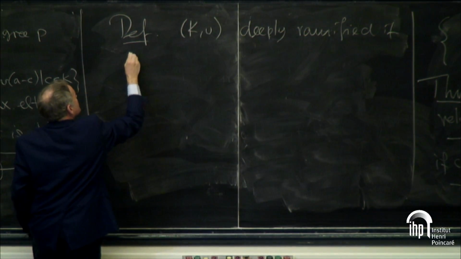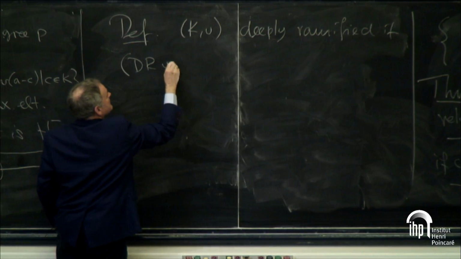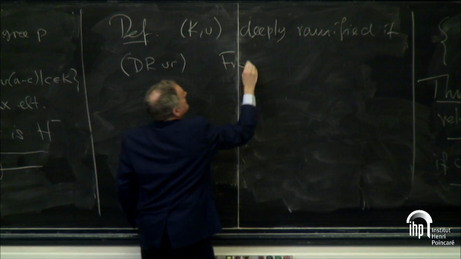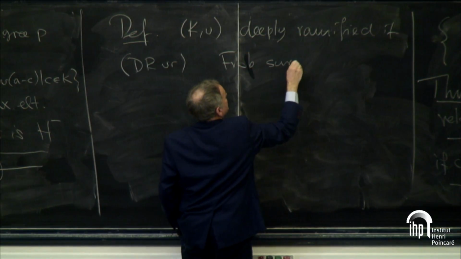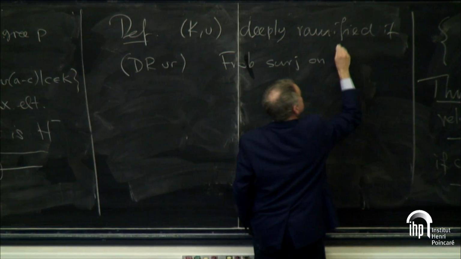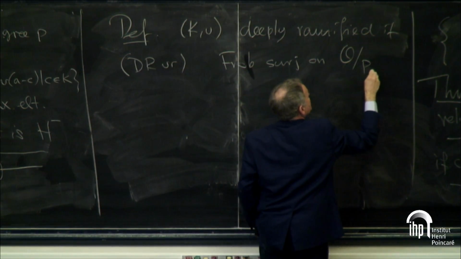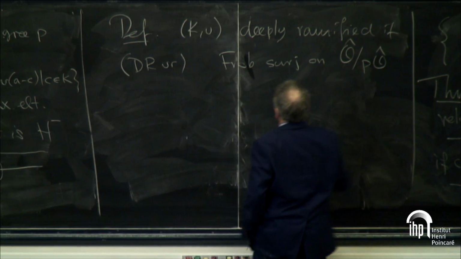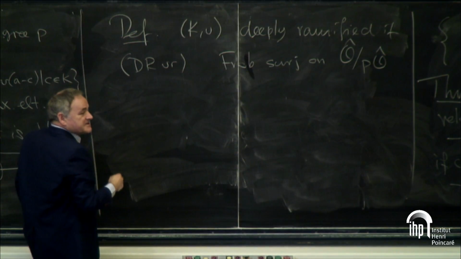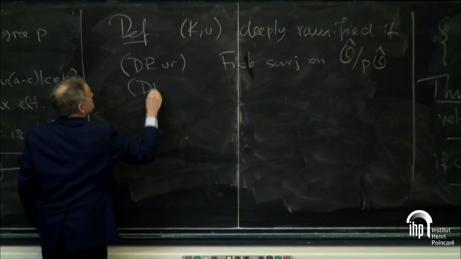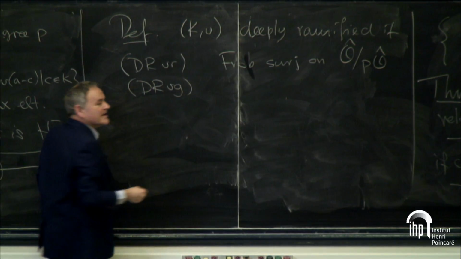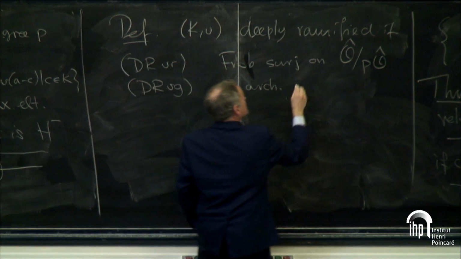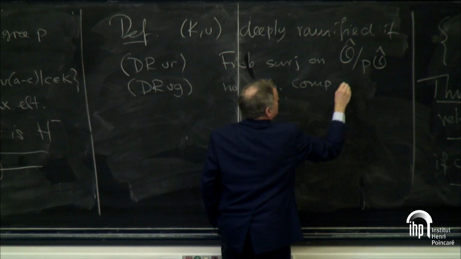We have a condition, which I call deeply ramified for the valuation ring, saying that the Frobenius is surjective on O modulo pO, well, actually it is for completions, so for the completion of the field, and there is some strange condition on the value group, namely no Archimedean component is discrete.